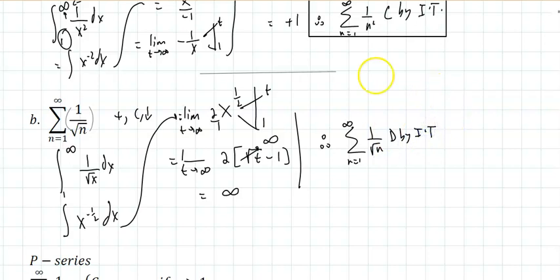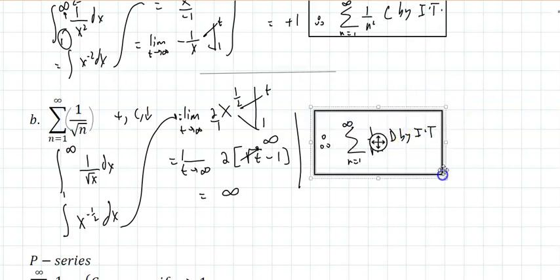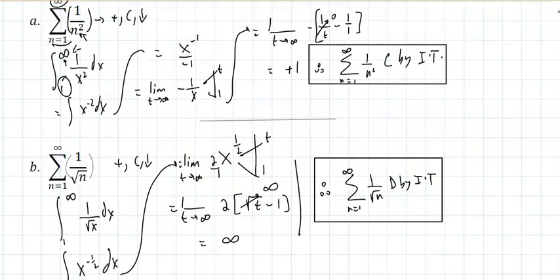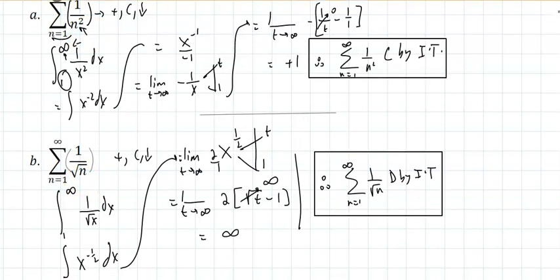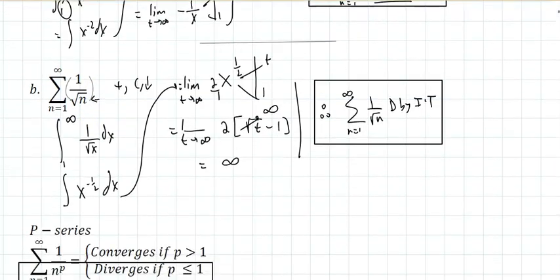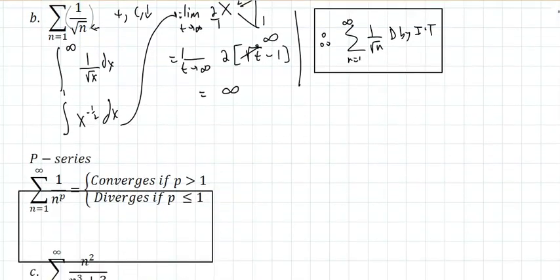Now, this gives us a conclusion, sort of. If I'm looking at the series of 1 over n raised to a power, by the integral test we know if that power is 3 or 4 or 5, this is going to converge. And if that power is 1 or less, it's going to diverge. And that's what brings us to the p-series.